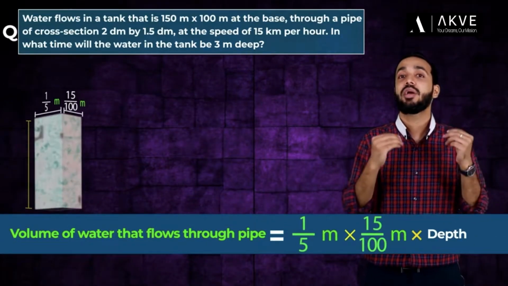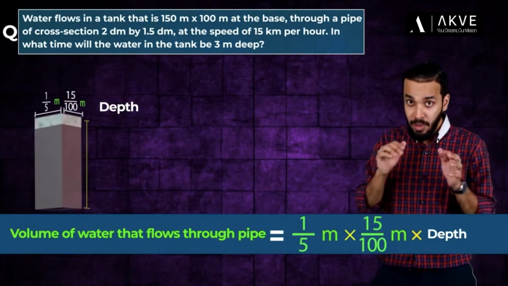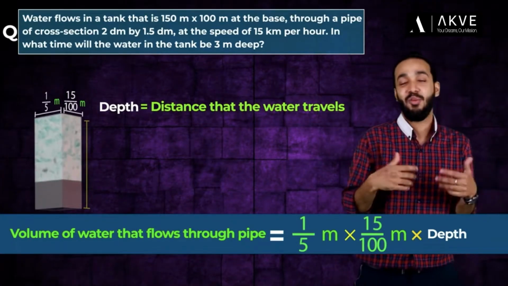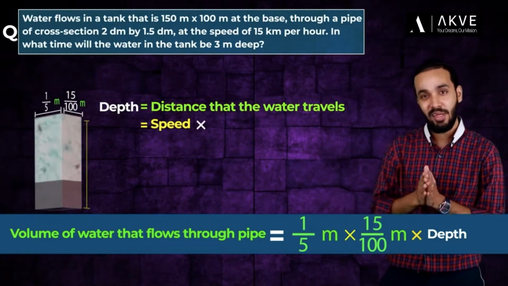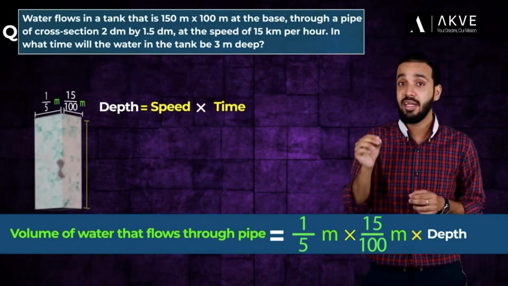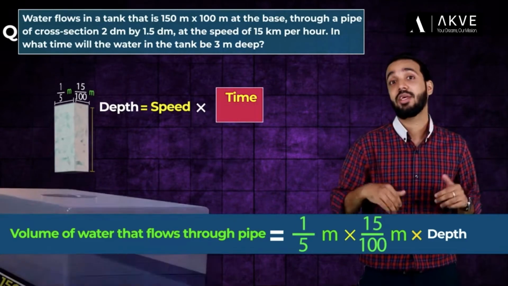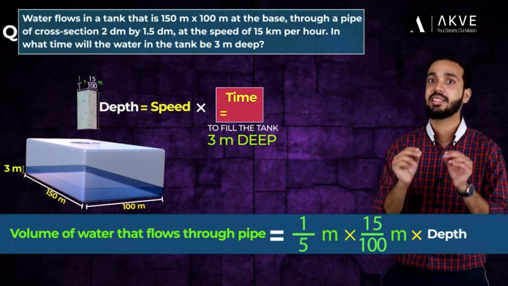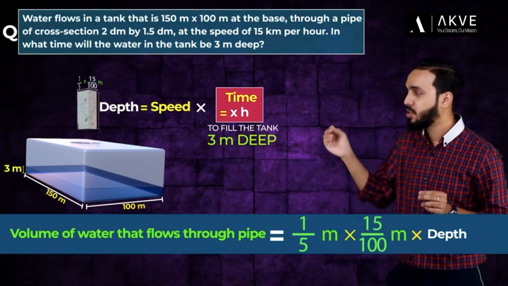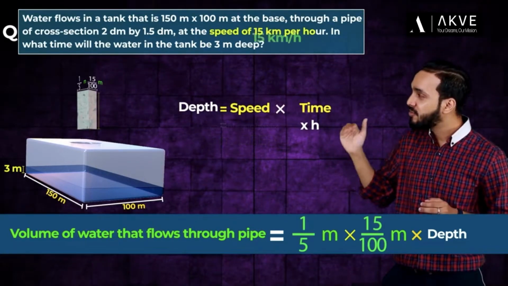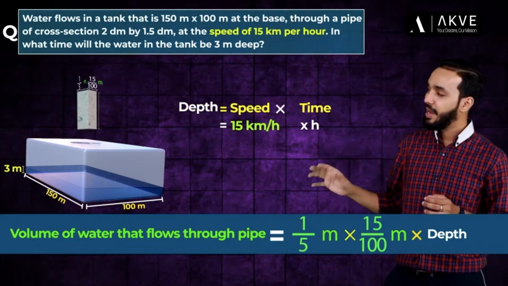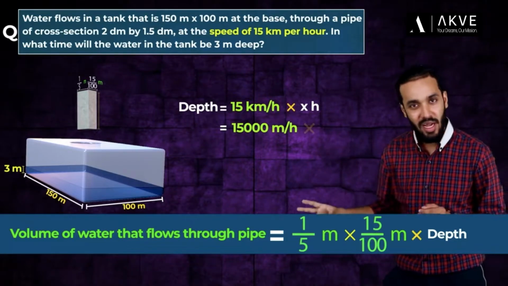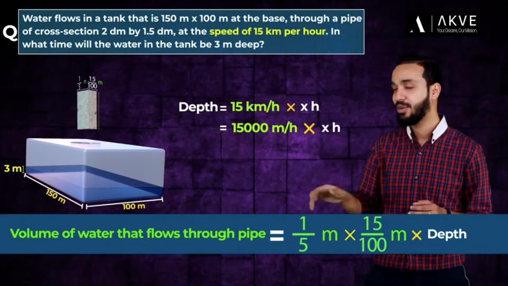Now, when we are referring to the depth of this water column, we are essentially talking about the distance that the water travels. Now, we know that distance is equal to speed into time. So, if we take the time for which the water flows to fill this tank 3 meters deep as x hours, the depth of the water column would be 15 kilometers per hour into x hours, which is the same as 15,000 meters per hour into x hours.